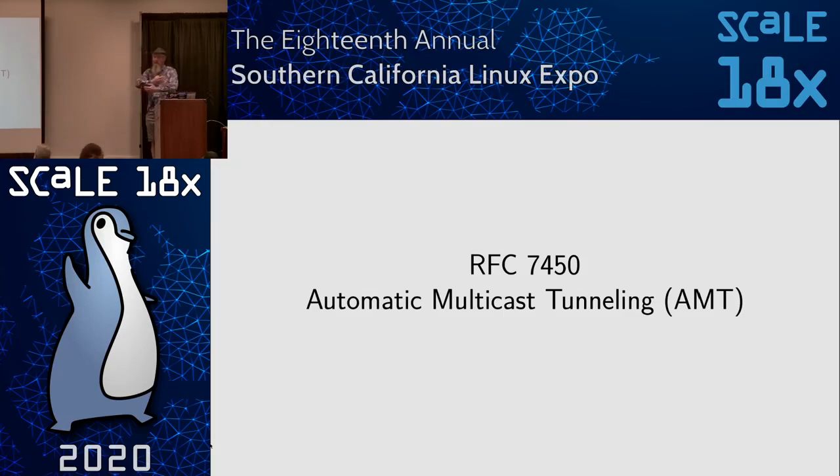It tunnels together discontiguous bits of multicast network. So you can configure this on your router, have it connect to other routers. You can do tricks with unicast for discovery and this sort of thing. So if you're in control of the router, then fine, you can set this sort of thing up. It's not much good if you're a developer though and you want to write a multicast enabled program.